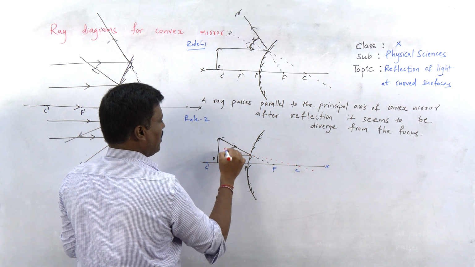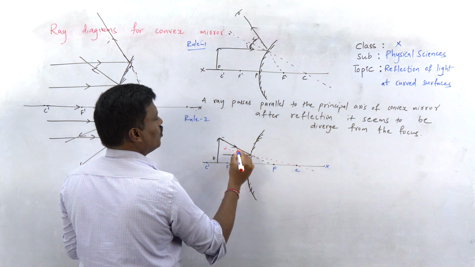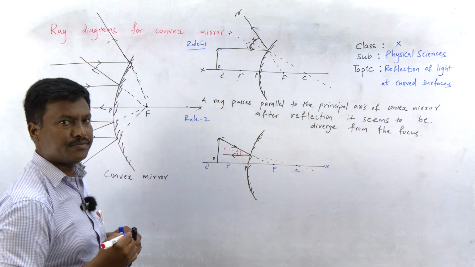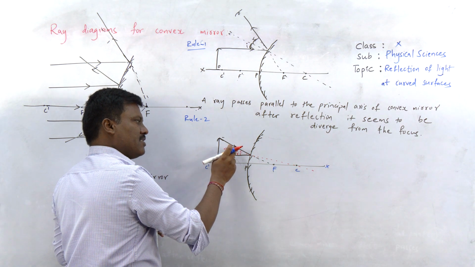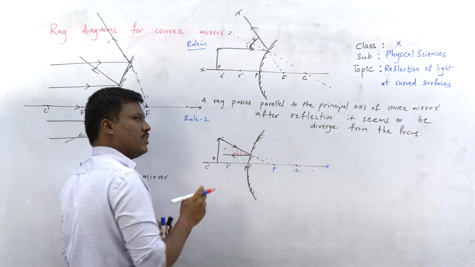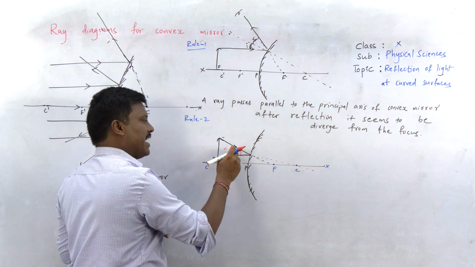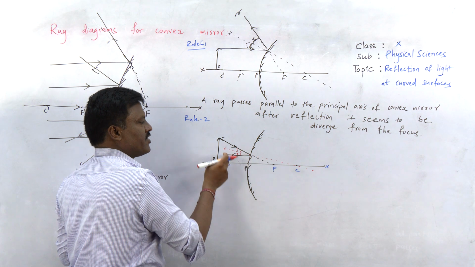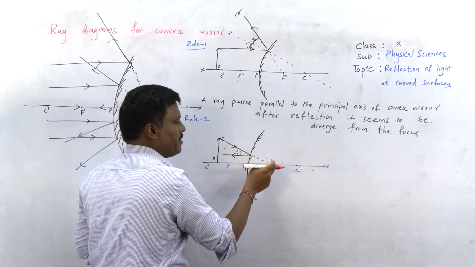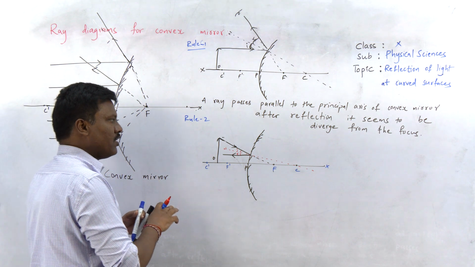When we draw the normal, the angle of incidence and angle of reflection both become equal. Light compulsorily obeys this law during reflection. That is why, to make these both angles equal, this ray compulsorily passes parallel after reflection, which was incident seeming to pass through the focus. Okay? Right. This is rule number 2.